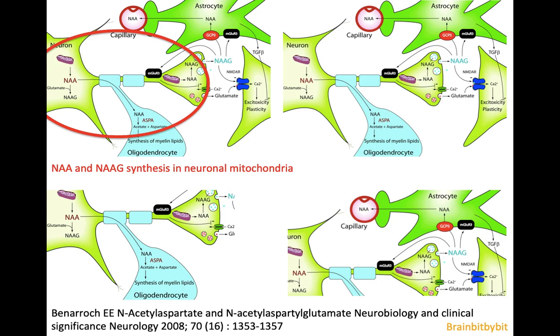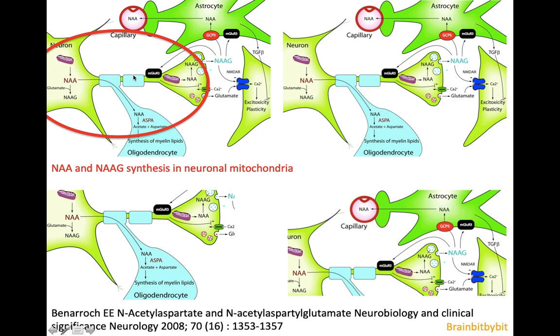The exact function of NAA is not known, so I'll share what we do know about NAA. It is synthesized in the mitochondria of the neuron, and there's normal NAA and NAA with glutamate coupled to it, and that's called NAAG or NAA glutamate.